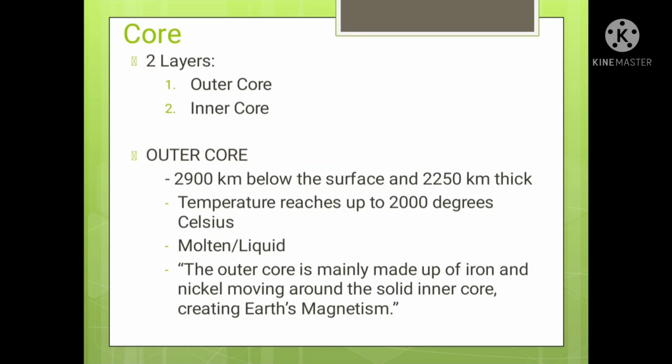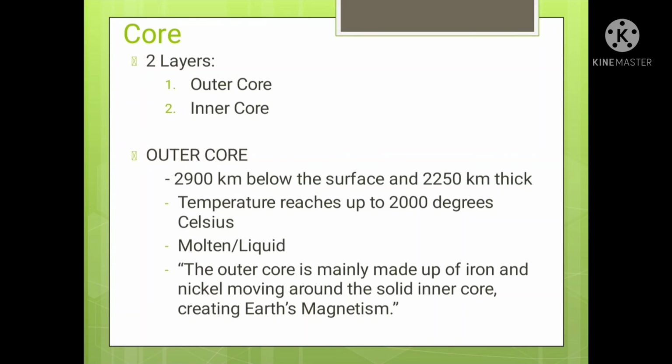It is composed of two parts, the outer core and the inner core. The outer core extends about 2,900 kilometers below the surface and is approximately 2,250 kilometers thick. The temperature reaches up to 2,000 degrees Celsius, and it is molten or liquid.